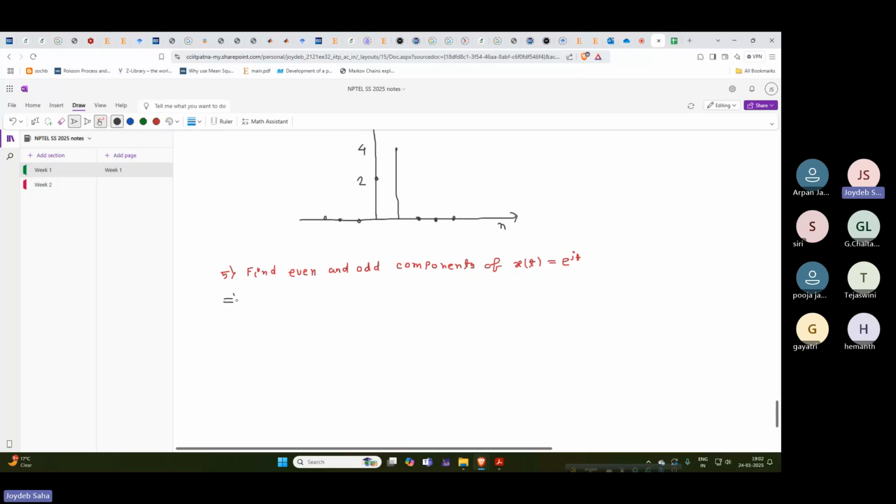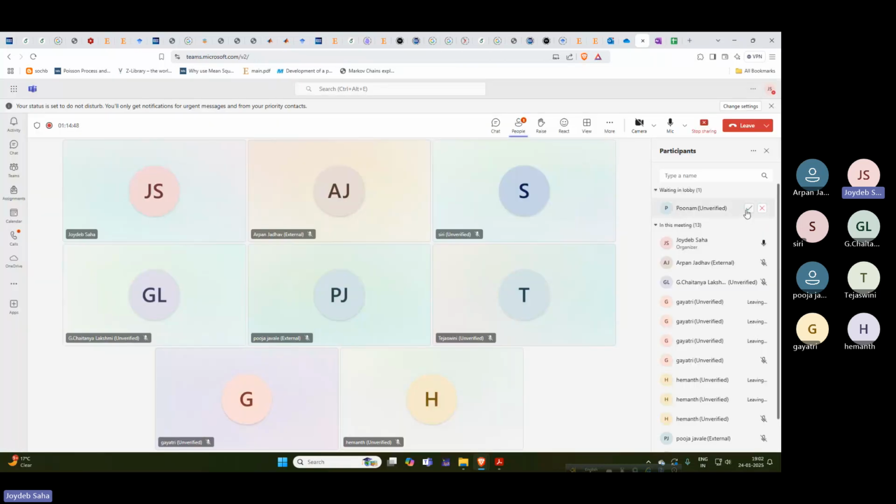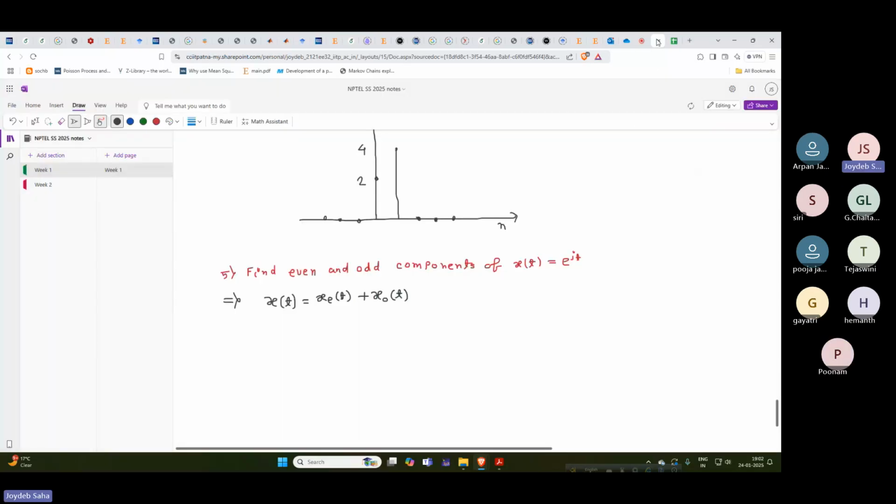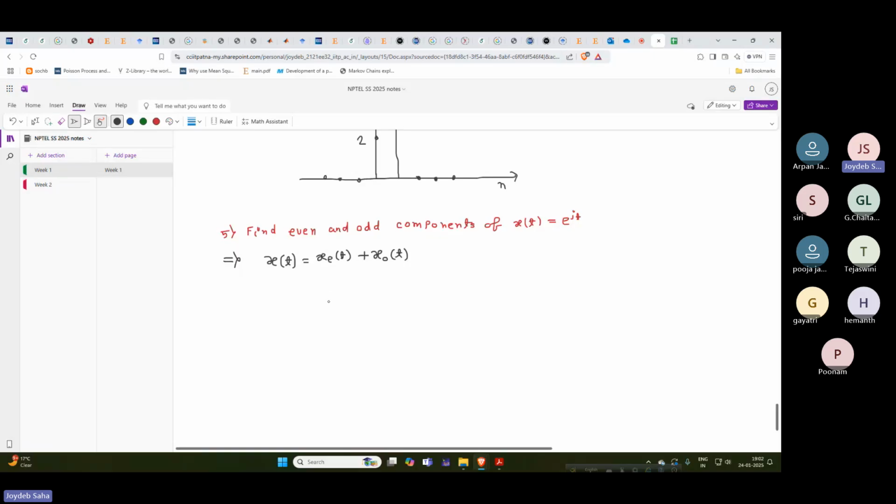There is a very simple solution. We know that any function x(t) can be written in the form of even plus odd: x_even(t) plus x_odd(t). So can anyone tell, if we break x(t) = e to the power jt, then what will we get?